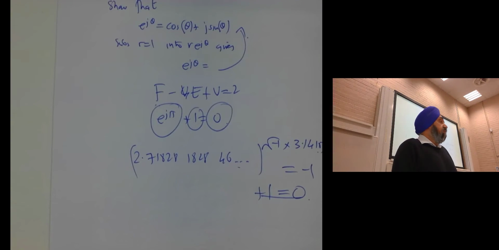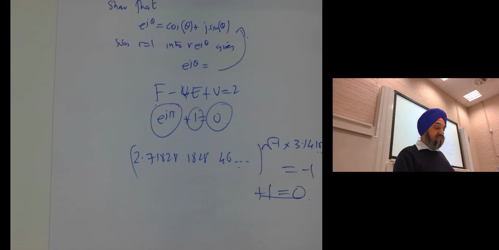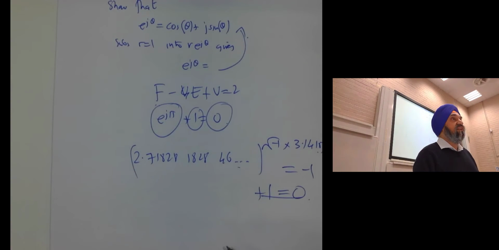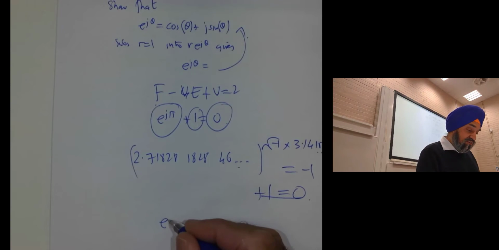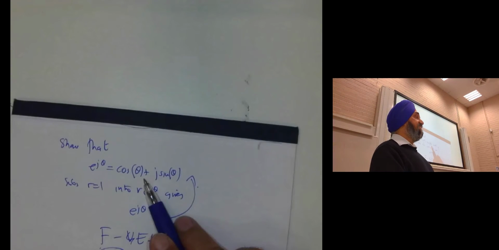Okay. How do we show it's exactly -1? It's not 0.99 or 1.001. How do we show e to the j pi is exactly -1, or e to the j pi plus 1 is equal to 0? All you've got to do is put pi in there, don't you?